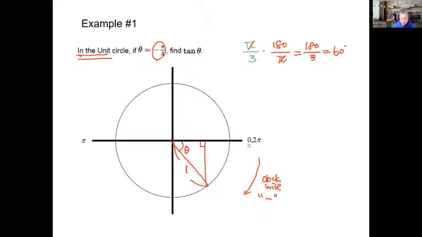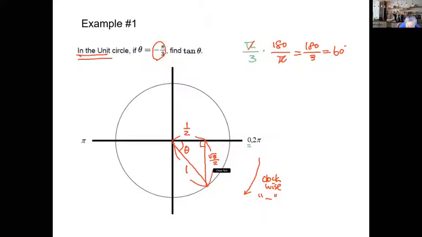All right, okay, so let's go back. And where was I? Okay, clockwise. And so the hypotenuse is also the radius of the unit circle, so we verify the length of the hypotenuse is 1, right? Then around that angle theta, the adjacent leg must be half. And then the opposite leg is supposed to be radical 3 over 2, but you have to be careful because it's below the x-axis.